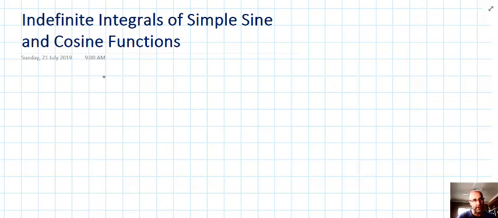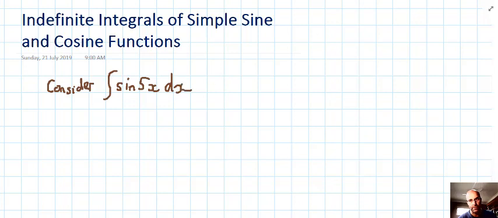So we consider a trig function. So let's consider sine 5x, and if we take the integral of that, how do we do it? What's the result?